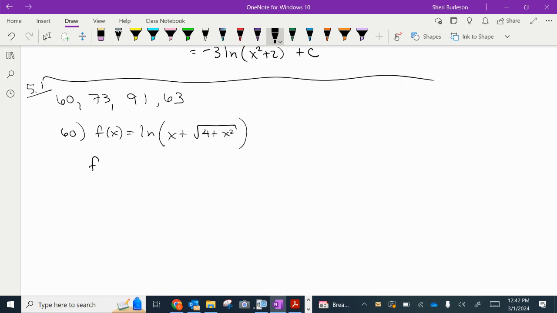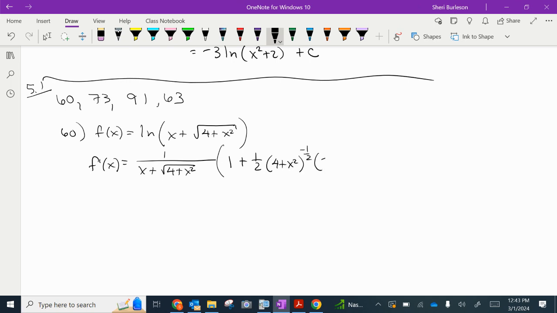So f prime of x is going to be 1 over x plus root 4 plus x squared times the derivative of the inner function. So the derivative of x is 1 plus the derivative of the square root of 4 plus x squared, which is 1/2 of 4 plus x squared to the negative 1/2 times 2x, right?